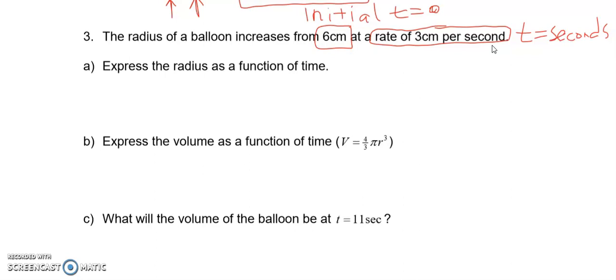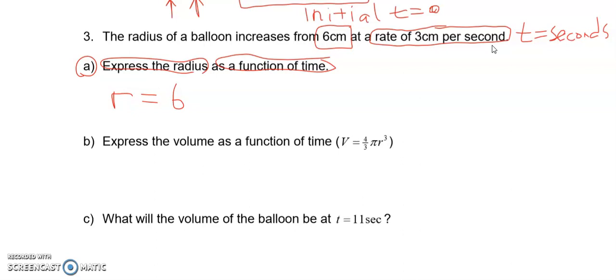So let's see what we have. Part A, all that's asking for is express the radius, so r, as a function of time. So that means that when you're finished, the only variable on the right-hand side should be t. Well, actually, it's pretty straightforward. It has an initial radius of 6. So think of that as the very beginning radius. That's what it starts with, 6.